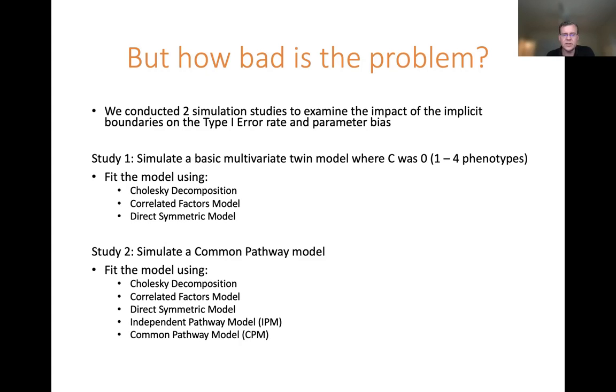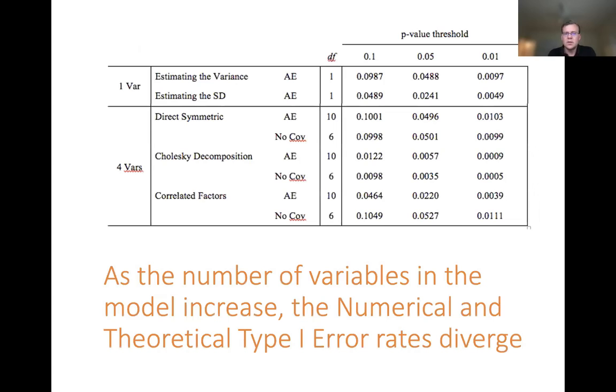In the second study, we simulated a common pathway model and then fit it using Cholesky decompositions, correlated factors model, the direct symmetric matrix model, and then the independent and common pathway models. So one of the things that became immediately apparent is that as we increase the number of variables in our twin model, the numerical and the theoretical type 1 error rates diverged.